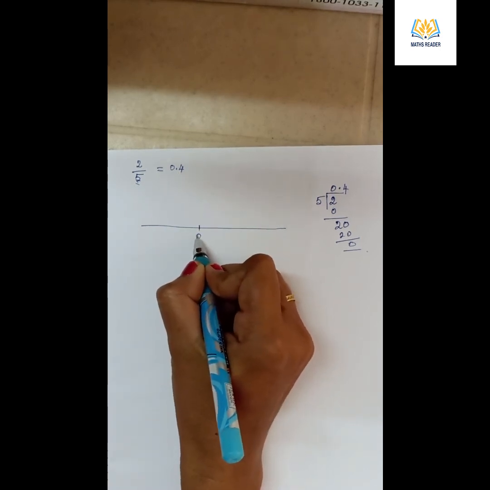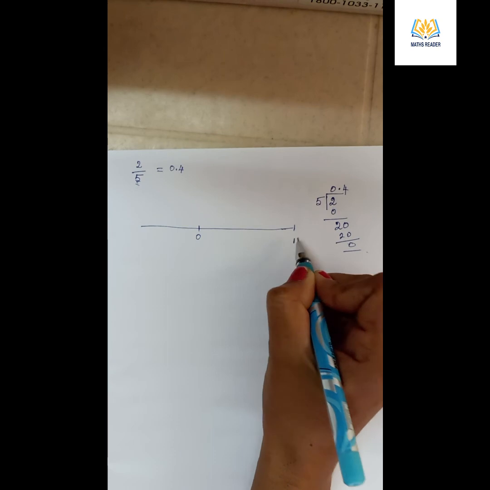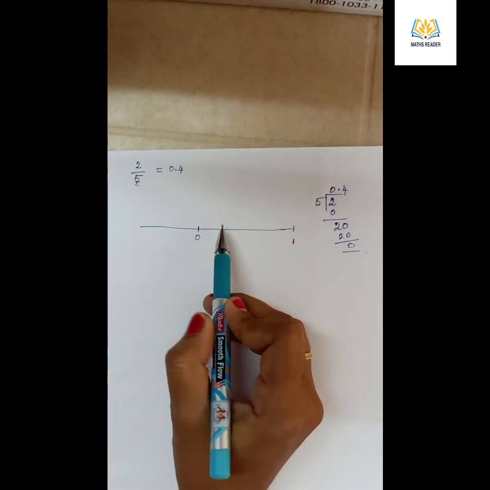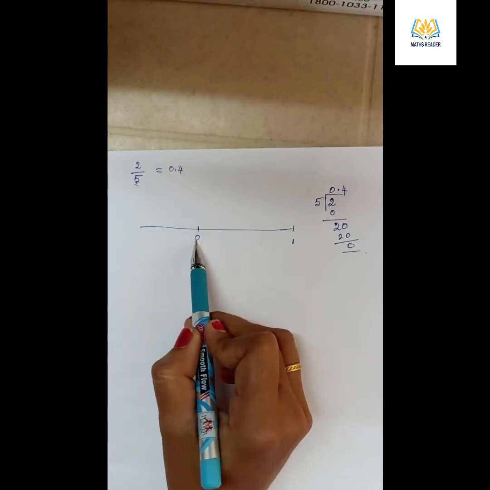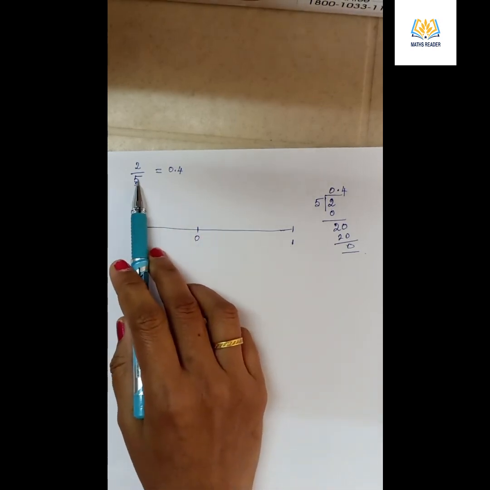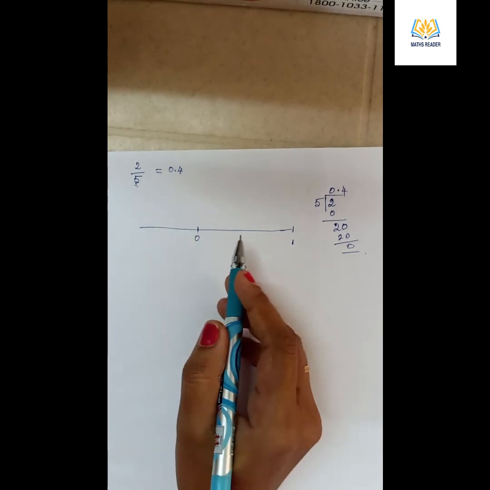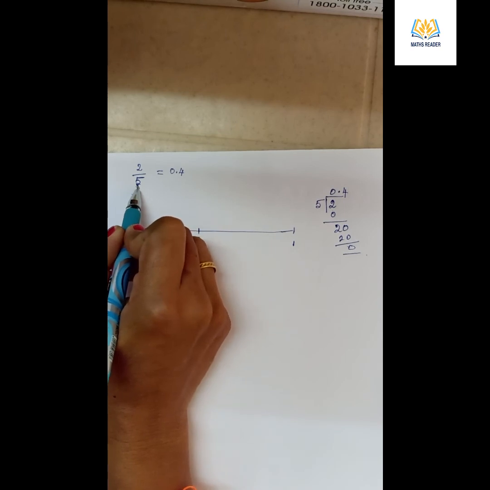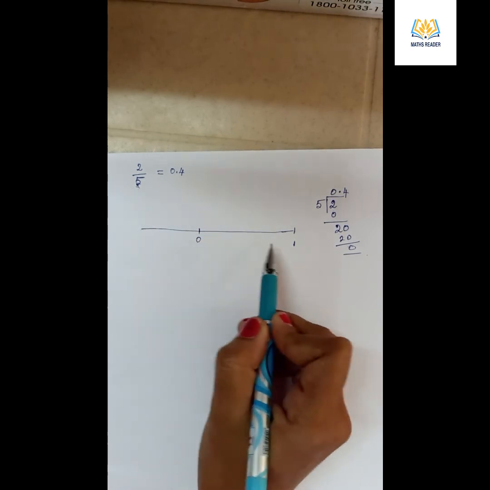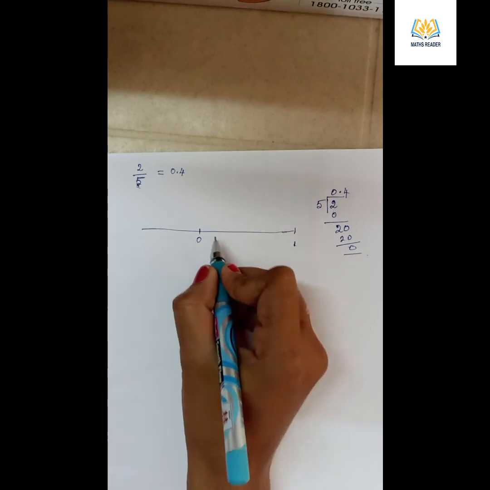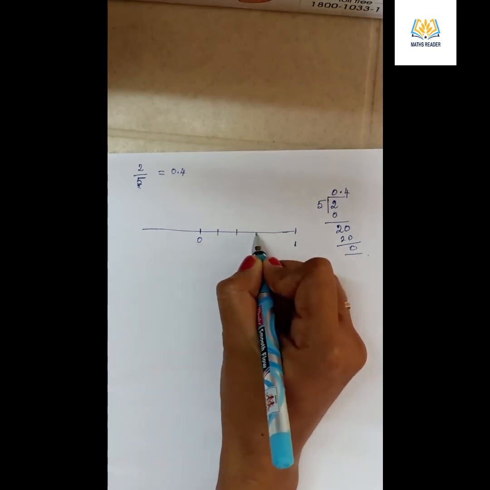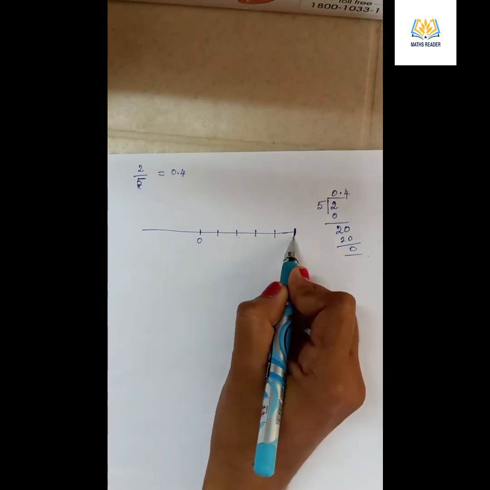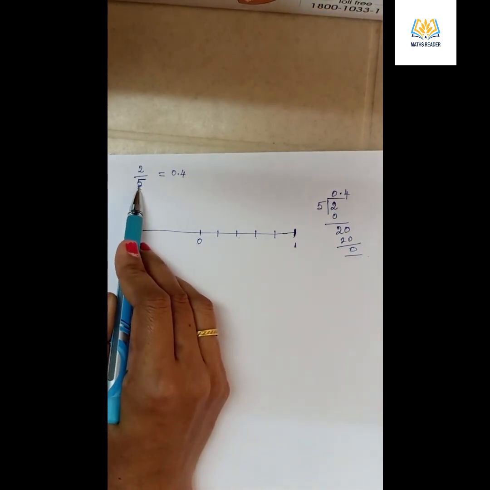Let us draw 0 here and 1 here. This point lies between 0 and 1. So we need to find this point 2 by 5. What will we do? See the denominator, which is 5.